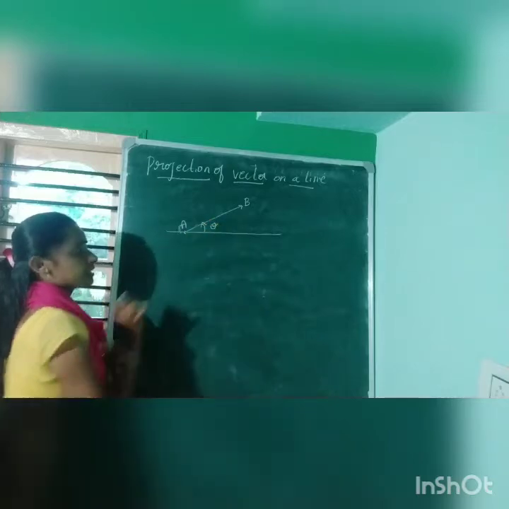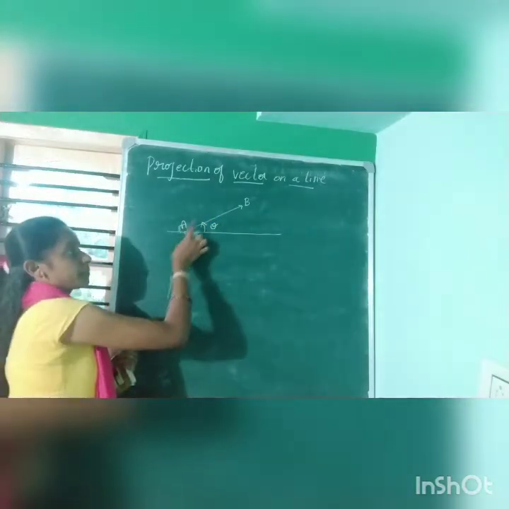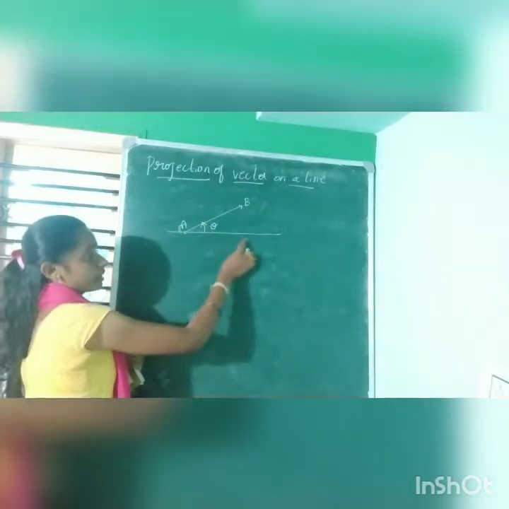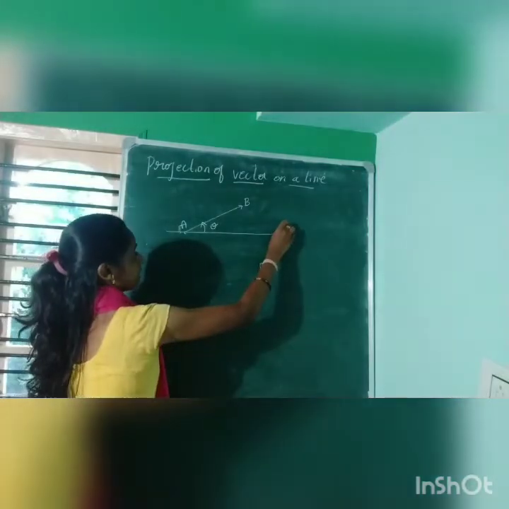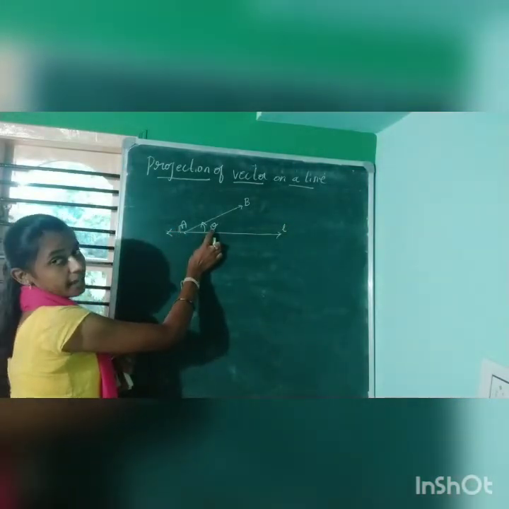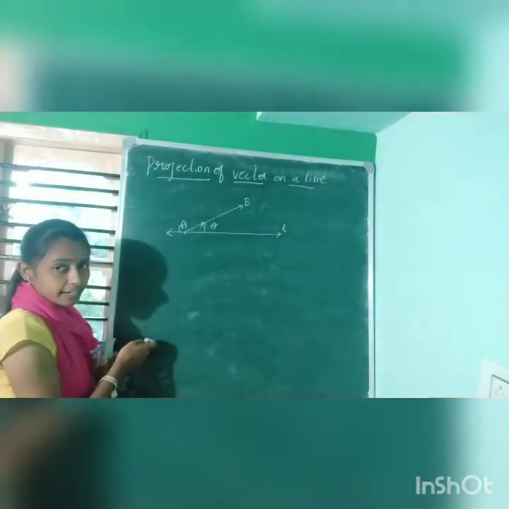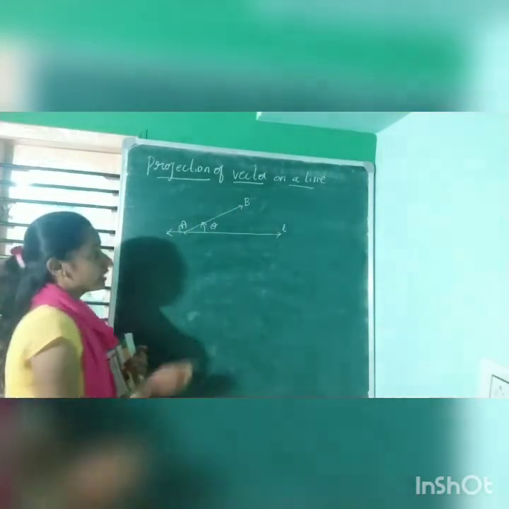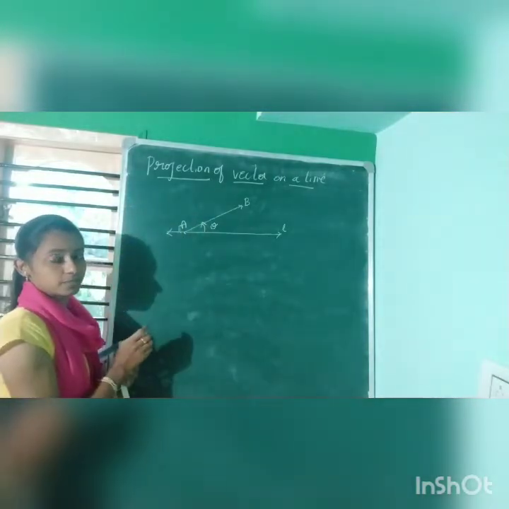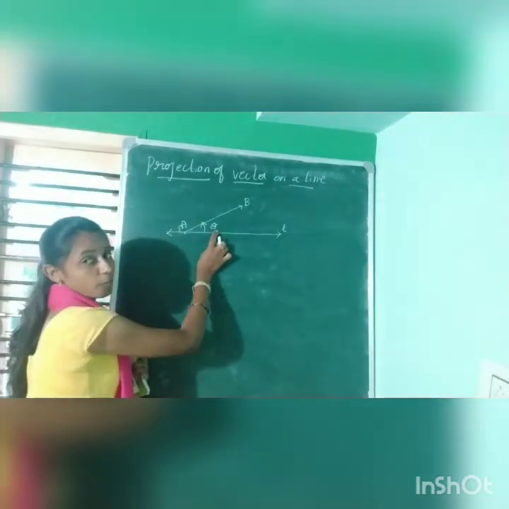Okay, AB is a vector on a directed line L, where theta is the angle which this vector makes with this directed line, in the anti-clockwise direction. So an angle will form.